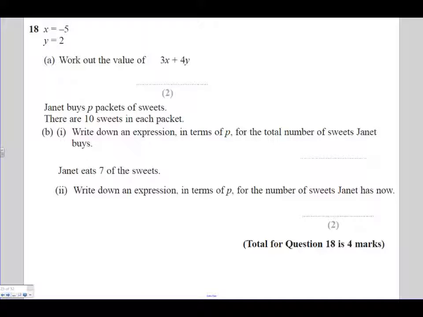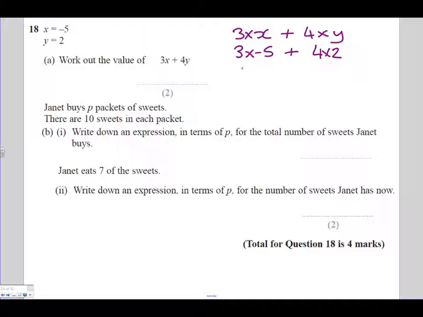Question 18. X is equal to -5 and y is equal to 2. Work out the value of 3x plus 4y. So in longhand, it's 3 times whatever the value of x is, plus 4 times whatever the value of y. So now in longhand, I put in -5 and I add 4 times 2.